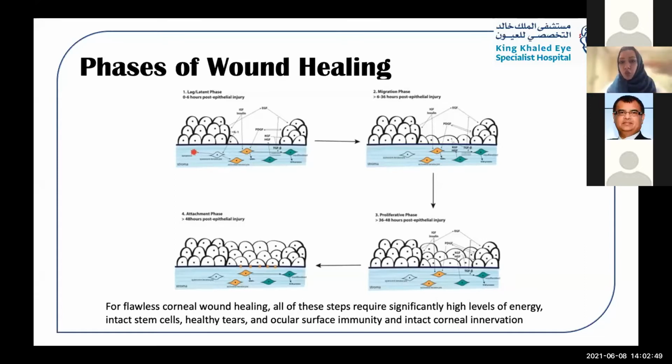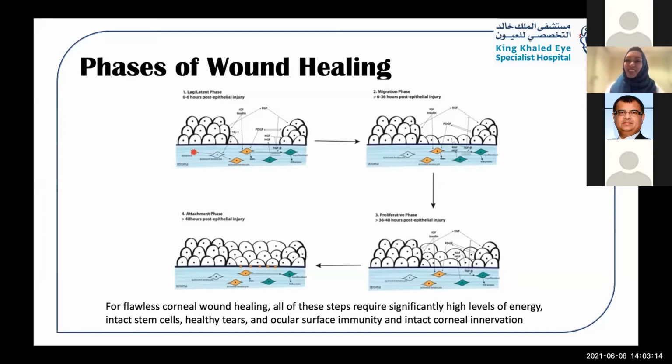The cells start to migrate, of course. And of course, this is all mediated by growth factors that I will be mentioning in the second slide. Anyway, so they migrate to fill that gap. Then they start to form adhesions like the hemidesmosomes and the desmosomes with the underlying structure.